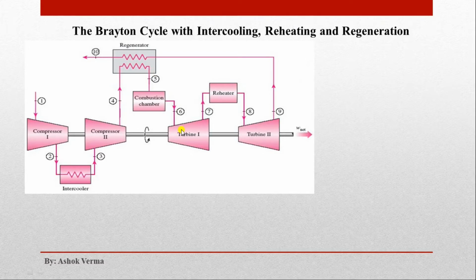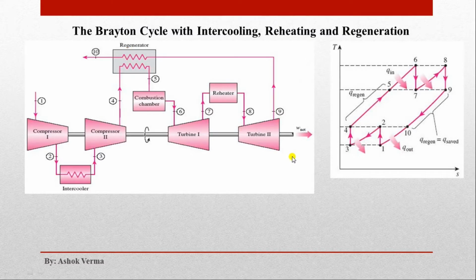Turbine 1 is the high pressure turbine, because the fluid or air entering the turbine is at the maximum pressure P2, and then it will expand in turbine 1 till the intermediate pressure Pi, and then it will go for the reheating, and then again it will expand till the initial pressure P1 in the second stage, that is turbine 2, and after the expansion this will go to the regenerator, where it will reject its heat to the compressed air.